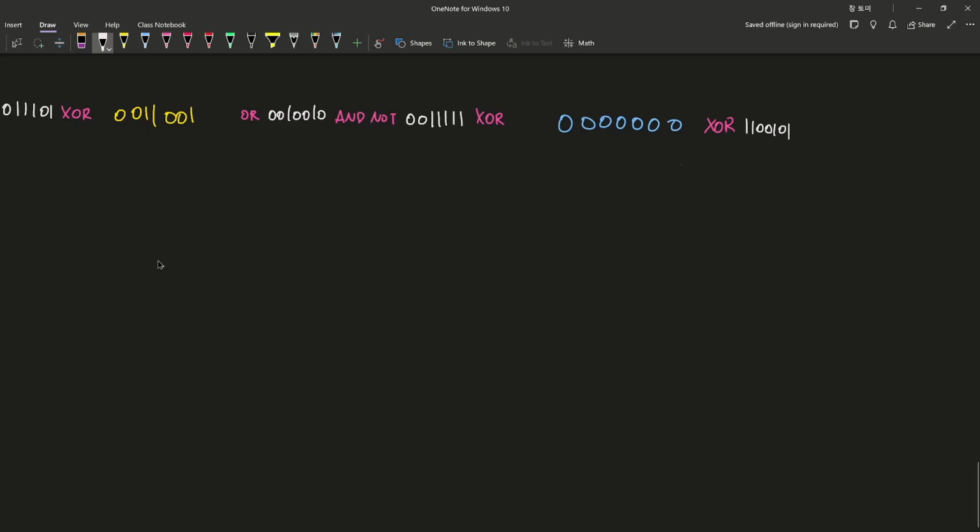But we do know that not will always take precedence. So 1 1 and then 5 zeros. 0 0 0 0 0. Do we see any more nots? I think we do not. So from here, XOR or AND XOR XOR, we know that AND will be the first one that we have to solve.